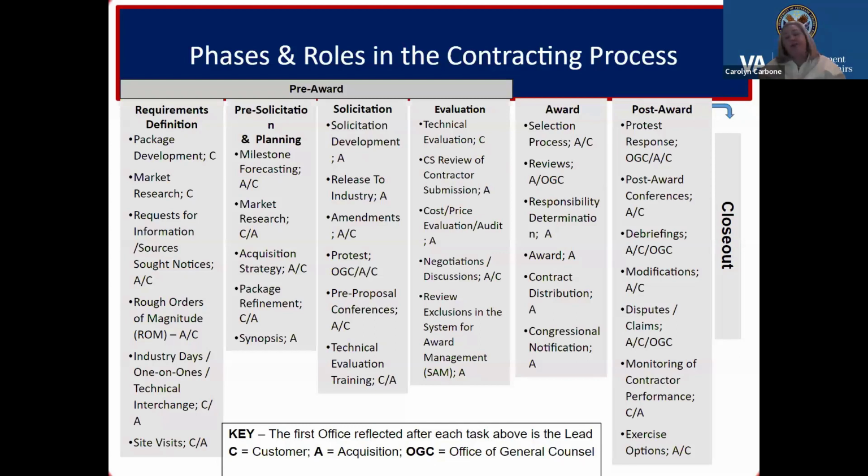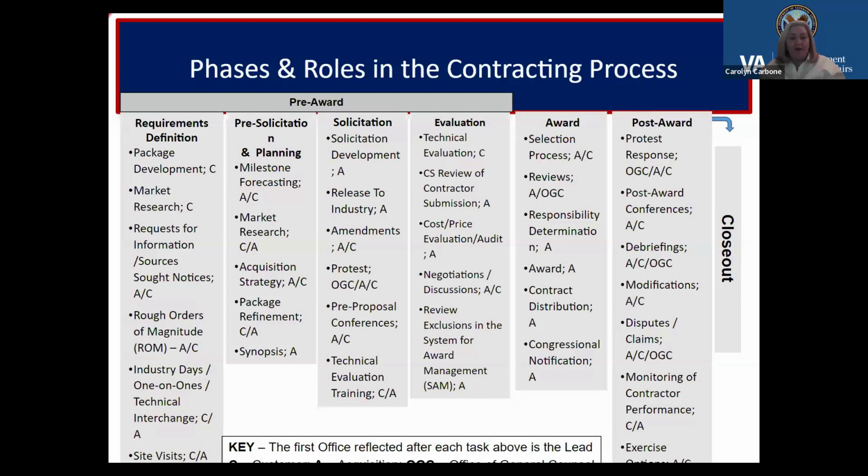And I think the most important takeaway from this slide is that you as the customer, whether you're a PM, a COR, if you're an attorney, whatever role you play, you play a role in each phase, and you're critical to the success of the acquisition and getting us to not only award, but also then successfully managing the post-award of the awarded contract and making sure that we can reach the desired outcome of the contract.